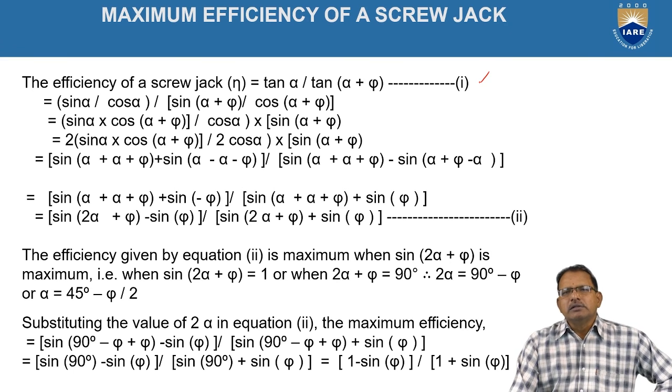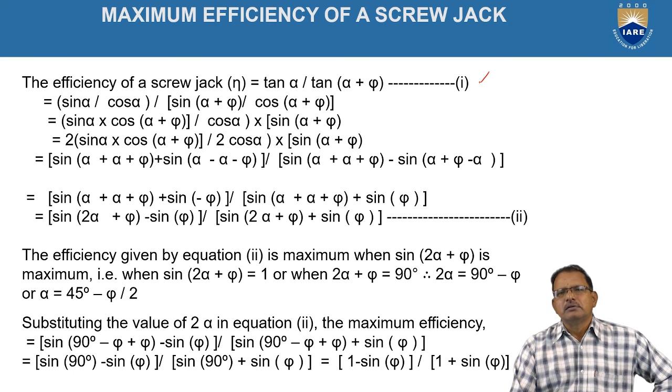In order to get the maximum efficiency of a screw jack, we require sin (2 alpha plus phi) is equal to 1, or 2 alpha plus phi is equal to 90 degrees, which is also equal to 2 alpha equal to 90 minus phi, or alpha is equal to 45 degrees minus phi by 2.